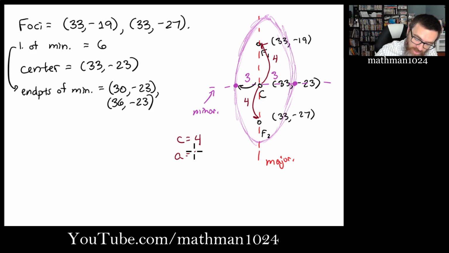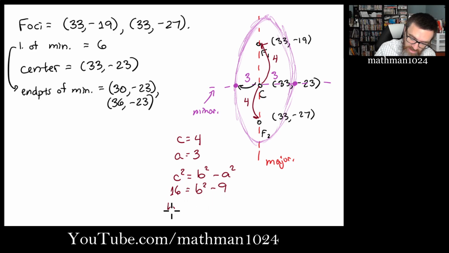My A value is 3. So we just need to find B, right? And because we're stretched in a vertical direction, the B value will be larger. So we can say C squared is B squared minus A squared. C is 4, so that's going to be 16 equals B squared minus 9. So B squared equals 25, which means B equals 5.